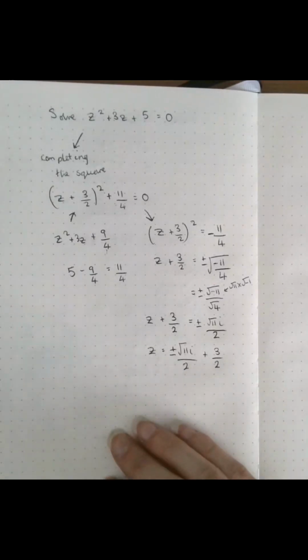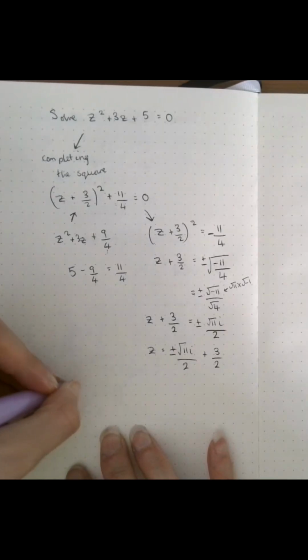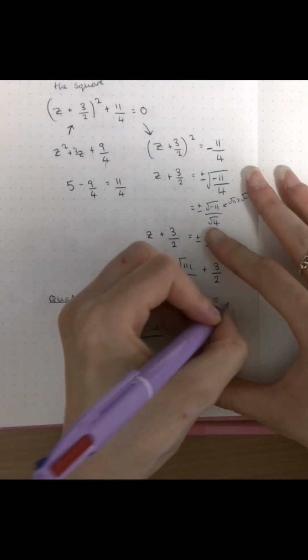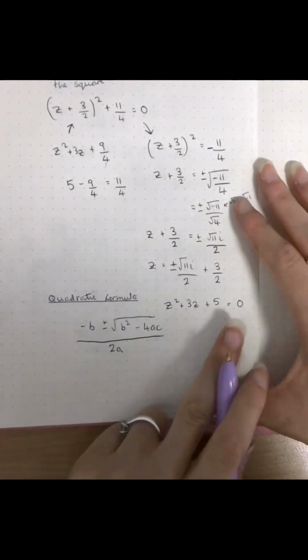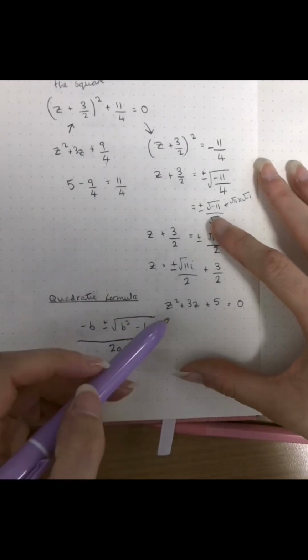So another way in which you could solve that is by using the quadratic formula. So z squared plus 3z plus 5 is 0. So b is 3, a is 1, and c is 5.